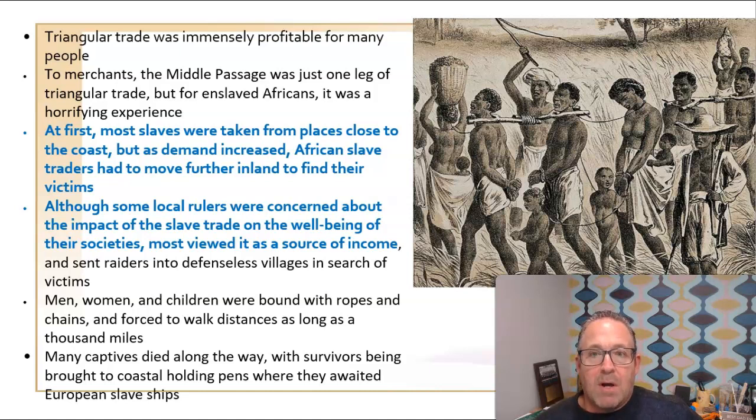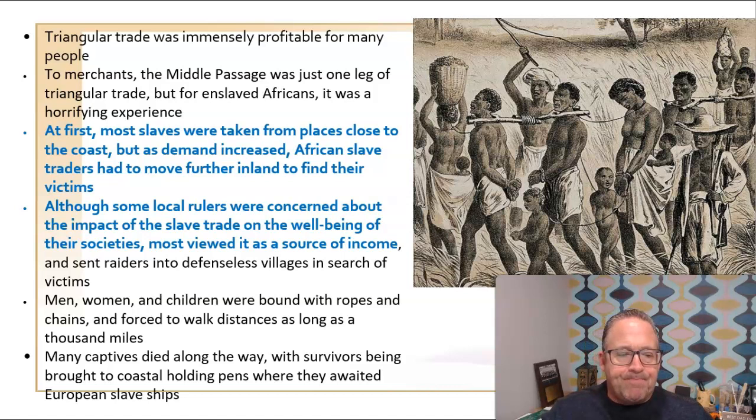And as time went on, the location of the slave traders went increasingly further and further inland, and they stripped the continent of some of its fittest members. And here we see some African villagers who have been enslaved, and they are being forcibly marched to the coast by their African slave raiders.